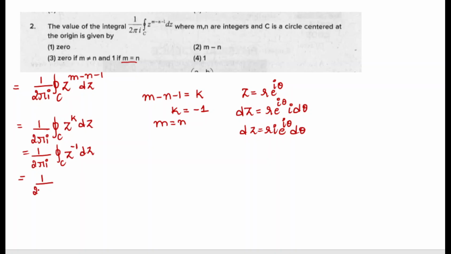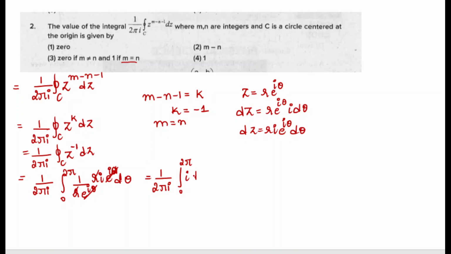So it will be 1 divided by 2 pi i, integration from 0 to 2 pi. Instead of z inverse, it will be 1 divided by r e to the power of i theta. Instead of dz, it will be r i e to the power of i theta into d theta. Now r cancels, and e to the power of i theta cancels. So it will be 1 divided by 2 pi i, integration from 0 to 2 pi of i d theta.